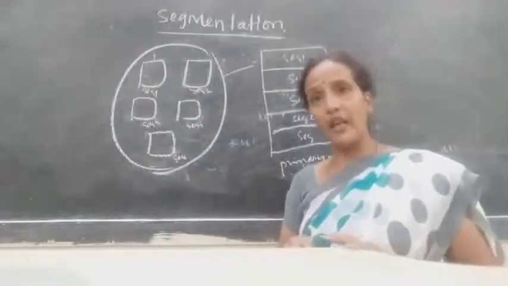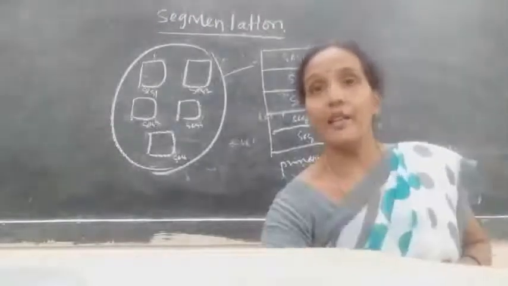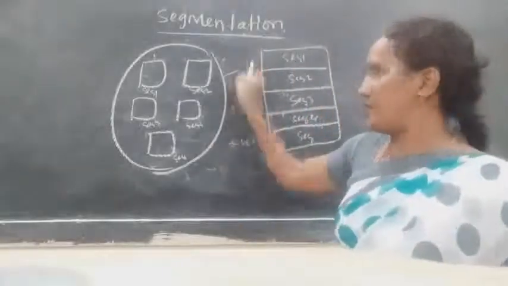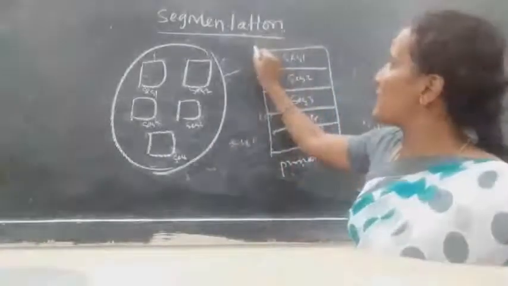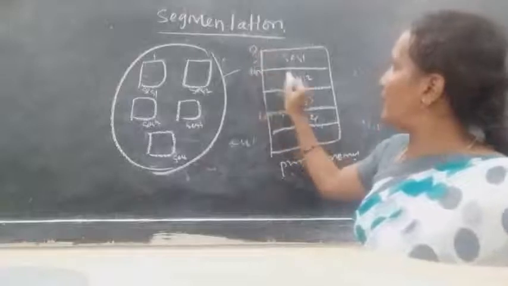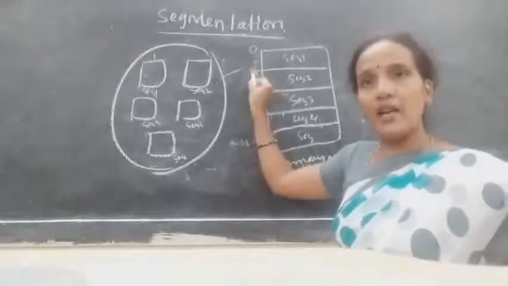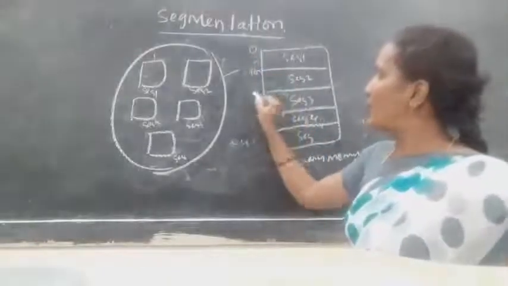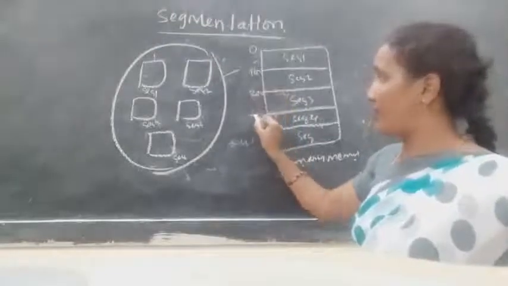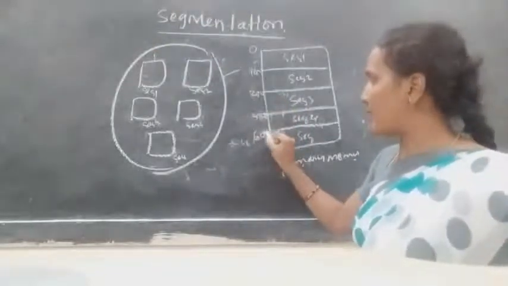For each segment, there is a base address, the starting address. For example, this is 0, this is 100. For segment 2, the base address is 100. For example, this is 200, and this is 500. For example, this is 600.